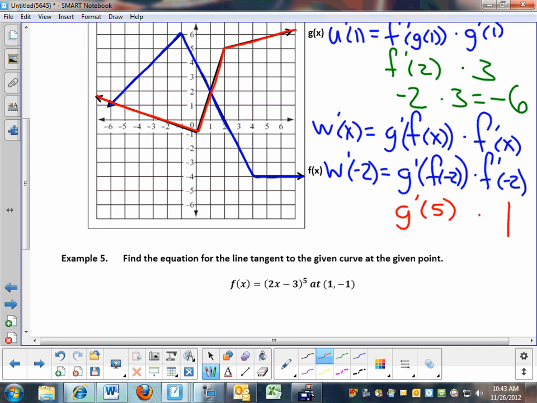What did you say, Chris? 1/4 is the slope of g at that spot. So you have 1/4 times 1, which is 1/4. Yeah, so w prime of negative 2 is equal to 1/4. That is correct.